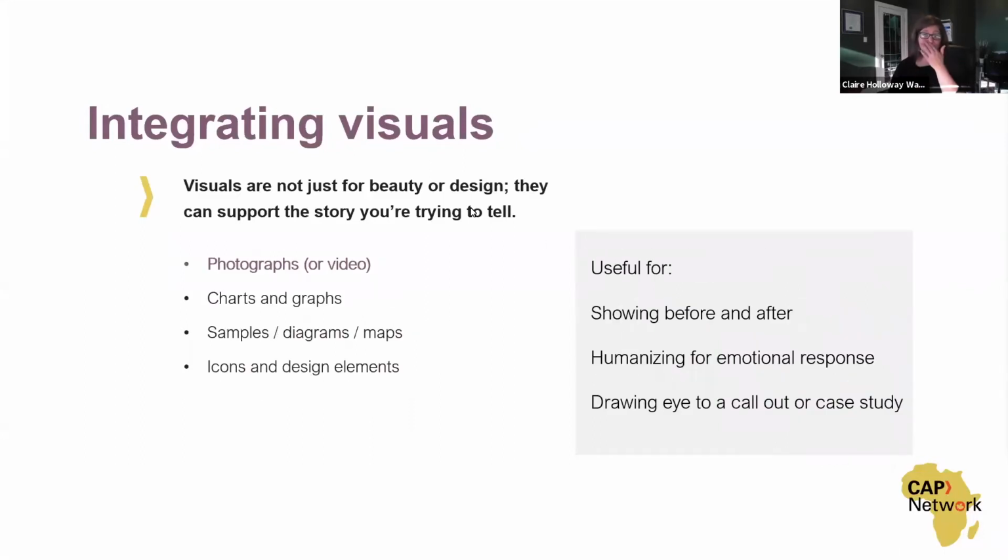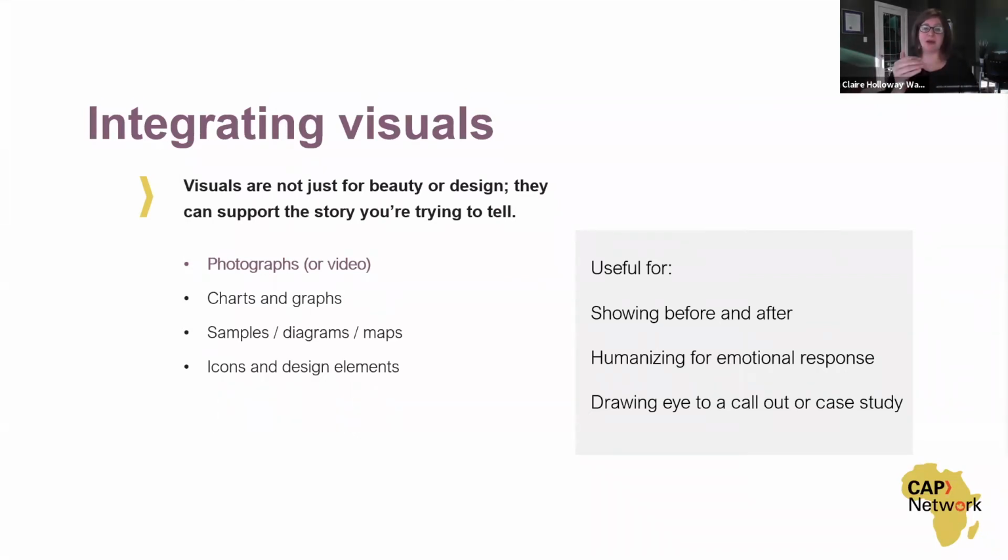So, some examples of the kinds of visuals that you can use in your reports. Obviously, photographs. This is the one I think that we rely on a lot. I suggest that when you're thinking about which photographs to use, think about how the photographs advance your story in terms of illustrating your impact from a before and after perspective, and how they humanize and create an emotional response to the impact you're describing.